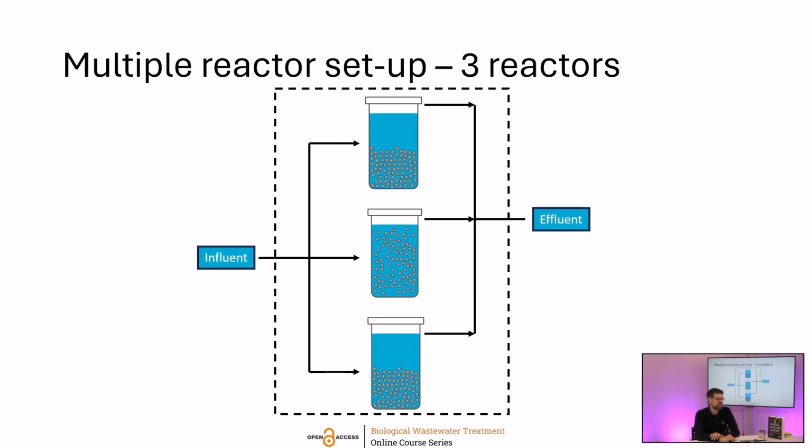But still, most of the time you need multiple reactors because you cannot do it in one reactor. You need to constantly take in influent. You have a domestic wastewater treatment plant, and the wastewater is constantly produced, so you need to constantly take in the wastewater.